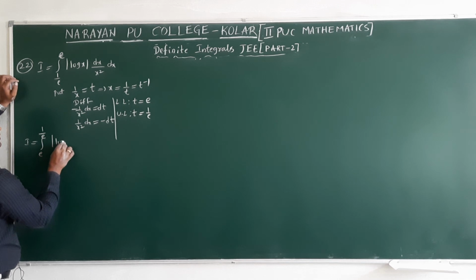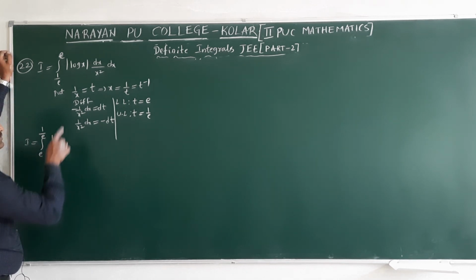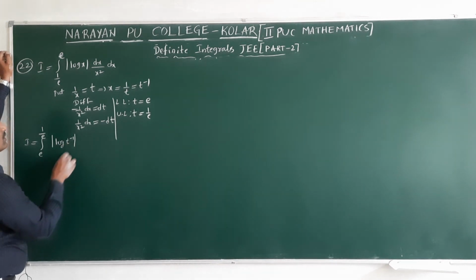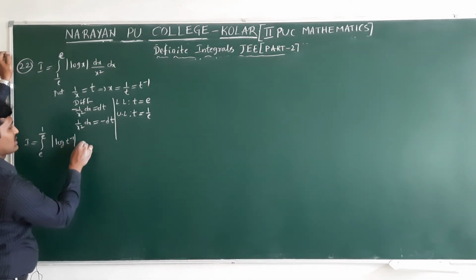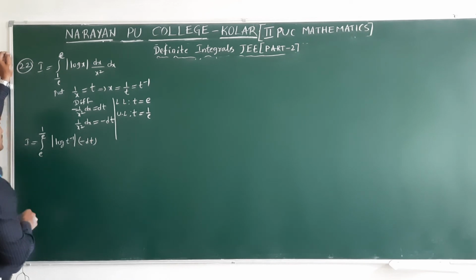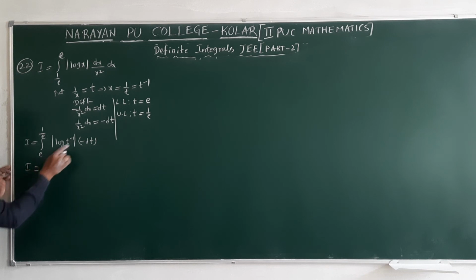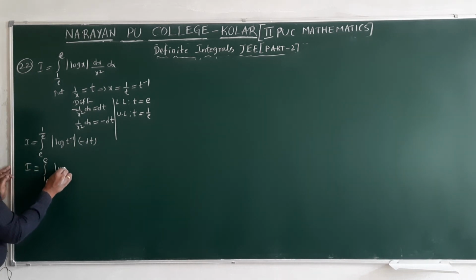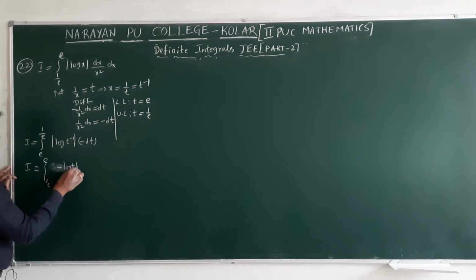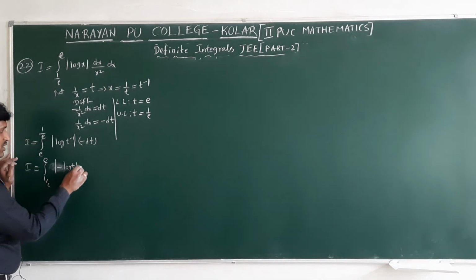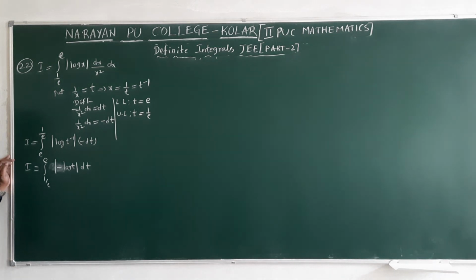Mod of log x means what? T power minus 1, and dx by x square is minus dt. In this, apply the minus here, and the limits will be interchanged. So for this, the integral from 1 by e to e, and minus will come from that, modulus of minus log t into dt.